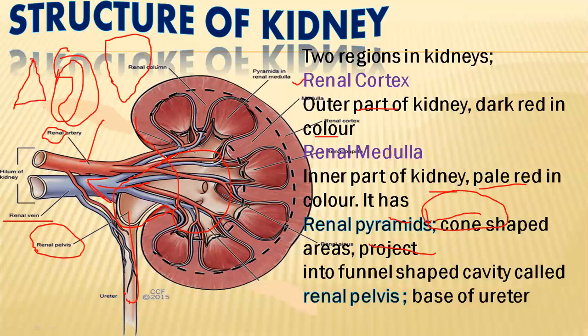That's why they are called renal pyramids, which are present in the kidney, and they project into a funnel-shaped cavity called the renal pelvis, the base of the ureter. We have discussed the renal pelvis before: in this area, these all project and connect to the renal pelvis, and then the renal pelvis continues to the ureter.